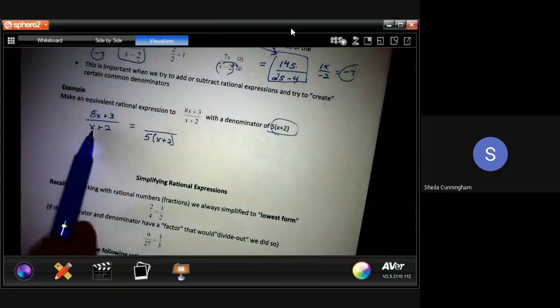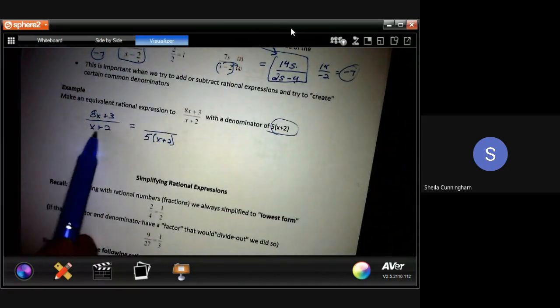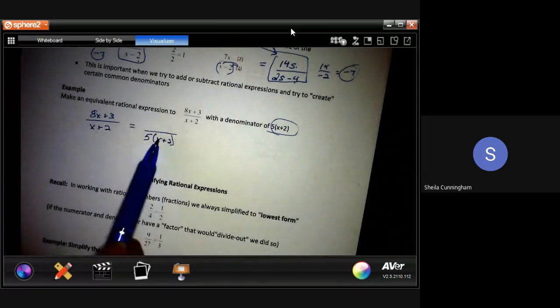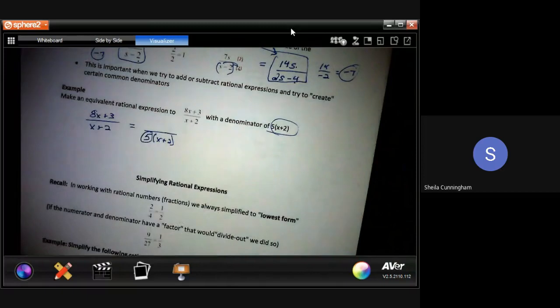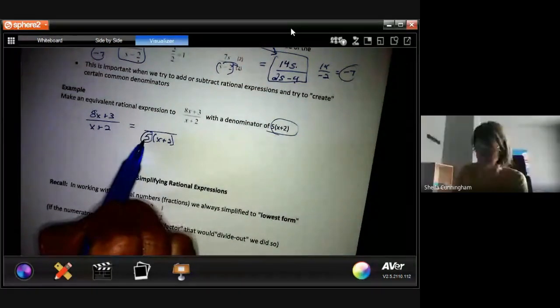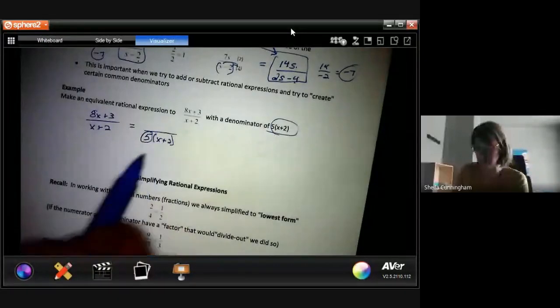So I started originally with an x plus 2, but now my denominator looks like this. I'm hoping you're seeing that the piece that's been added or included in the denominator is this 5, and it's really getting multiplied to this x plus 2.